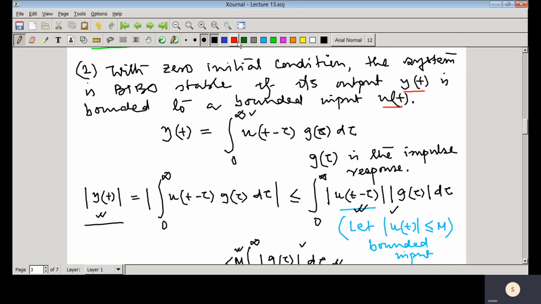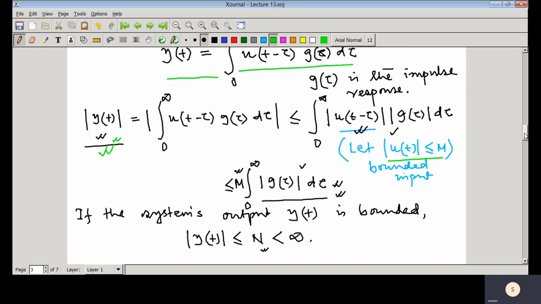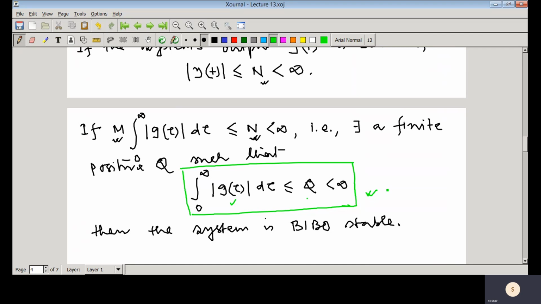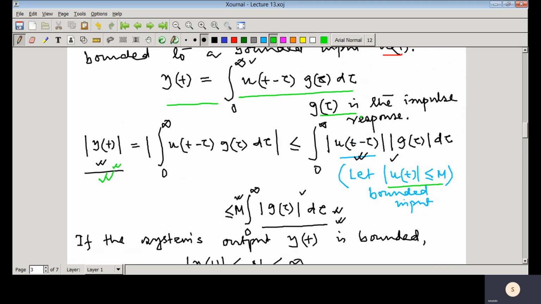Whenever you have an LTI system, we always have this relationship, and we have taken the mod of y(t), applied the triangular inequality, and found that the input would be bounded and output would be bounded if and only if we have this condition: the integration from 0 to infinity of the mod of g(tau) is finite. This g(tau) is the impulse response of that LTI system.